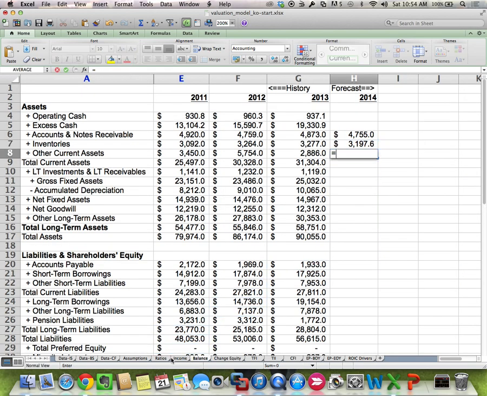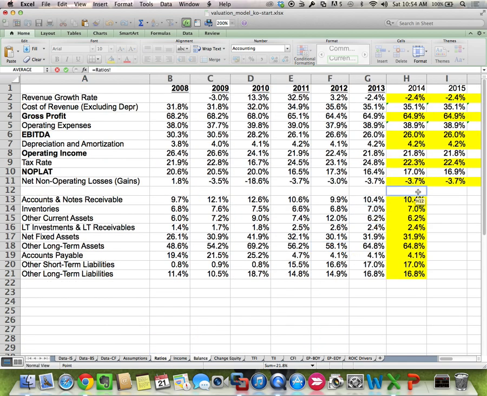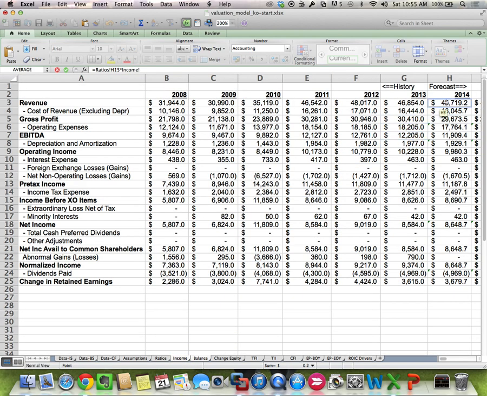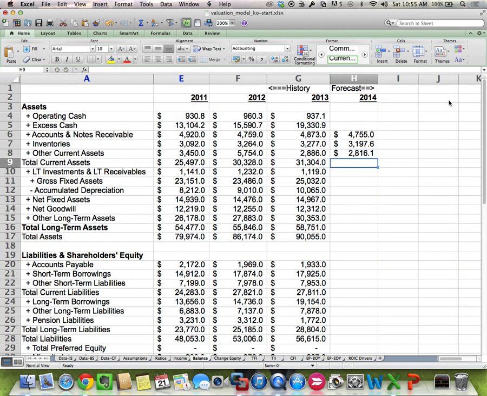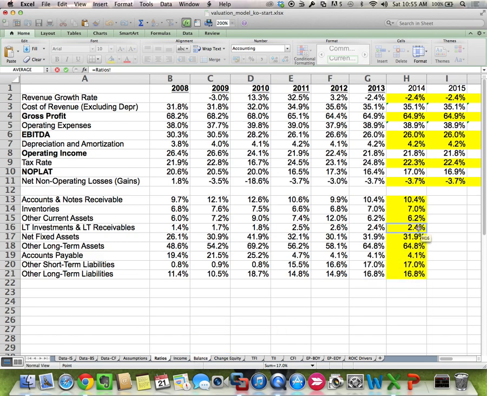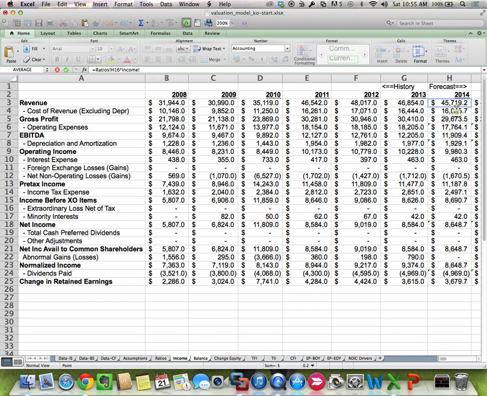Other current assets, ratios 2014 other current assets times income 2014 revenue. Next, long-term investments equals ratios, long-term investments as a percentage of revenue times, from the income tab, 2014 revenue.